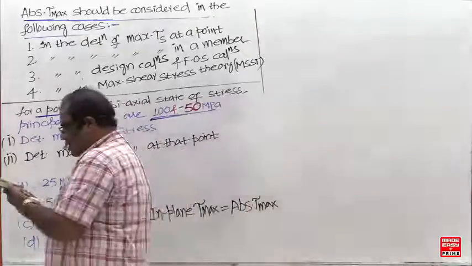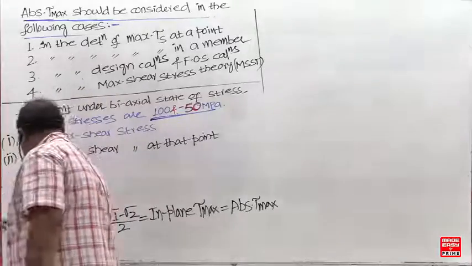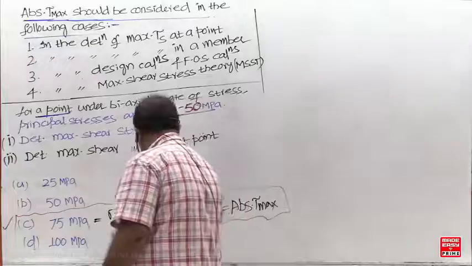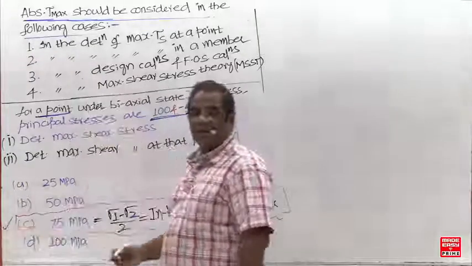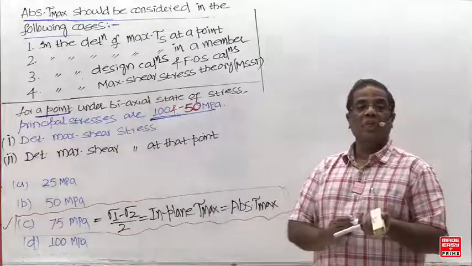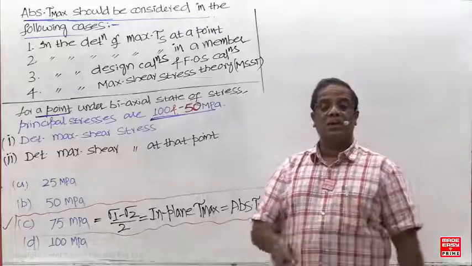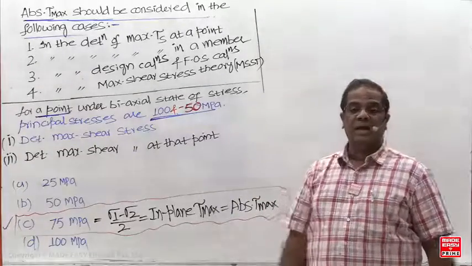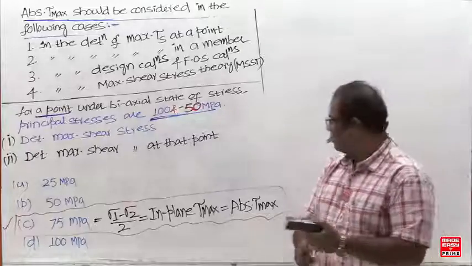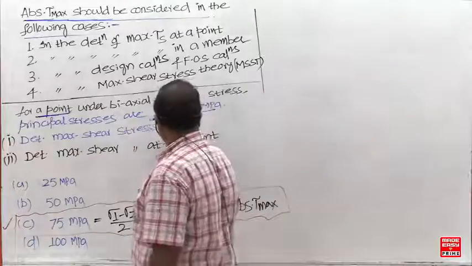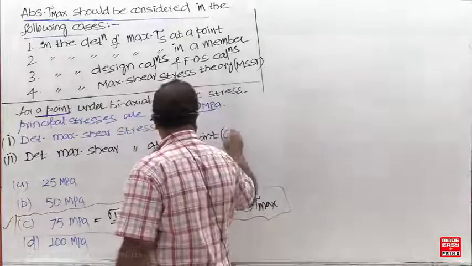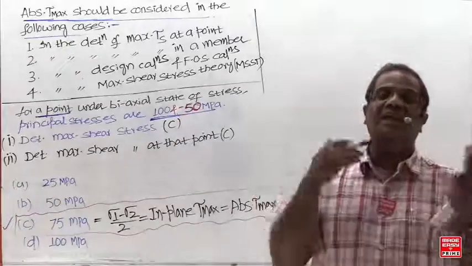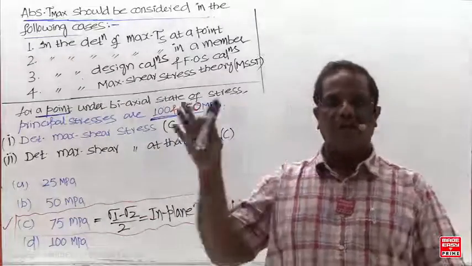For both the questions the answer will be C. Clearly written in the conclusion: in plane tau max and absolute tau max are equal in magnitude under uniaxial as well as biaxial when the principal stresses are unlike in nature. So for both the questions the answer is C. Whenever they are unlike in nature, you can take any one. You need not bother now.